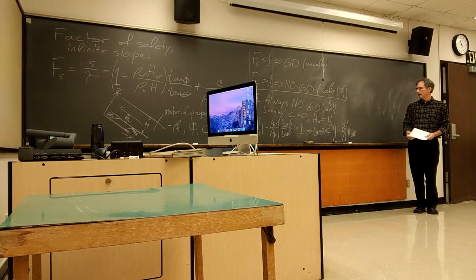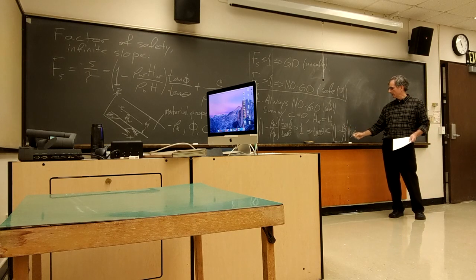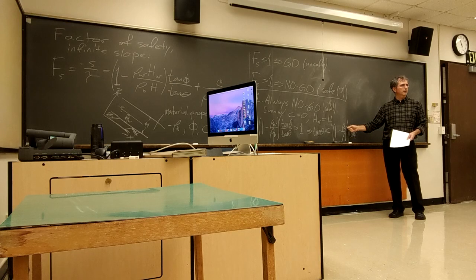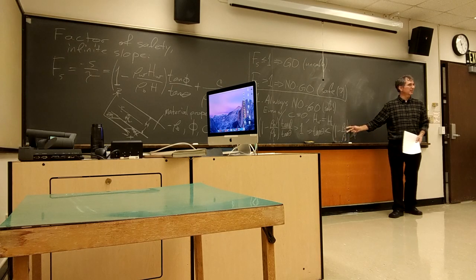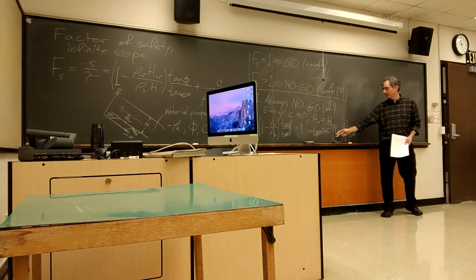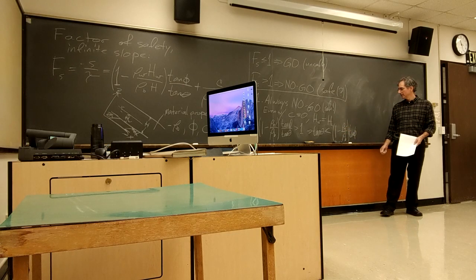Okay. Some rough numbers then. Rho sub W, 1,000 kilograms per cubic meter. Rho sub B, wet bulk density, say 2,000 kilograms per cubic meter. So the ratio of the density is about a half, and so 1 minus a half, the quantity in parentheses here, is about a half.